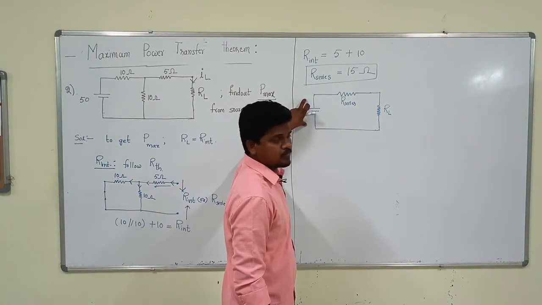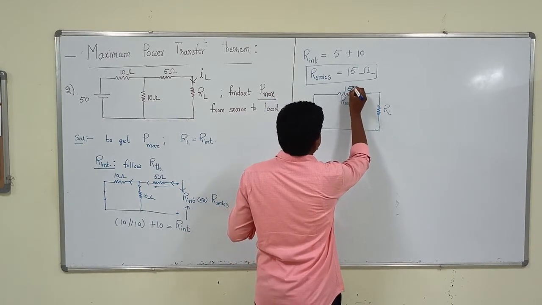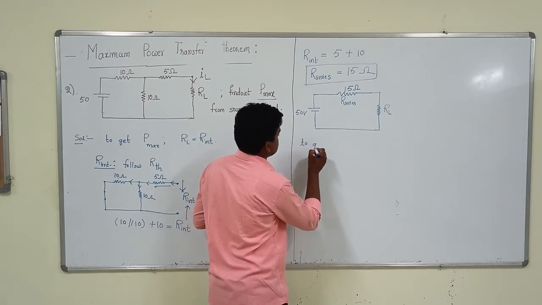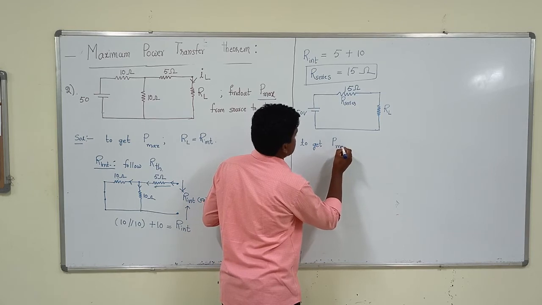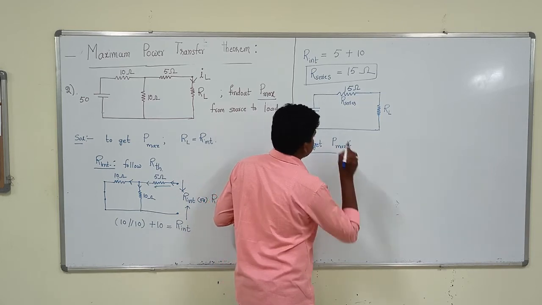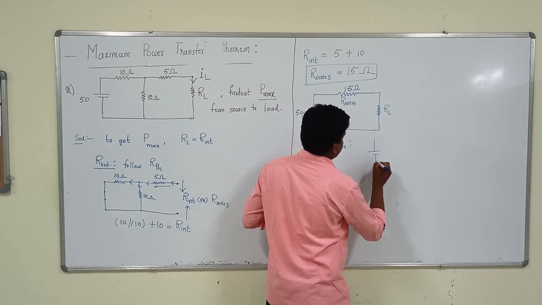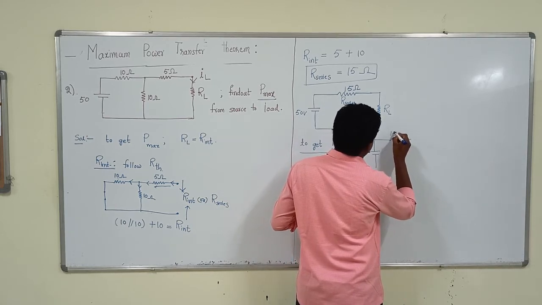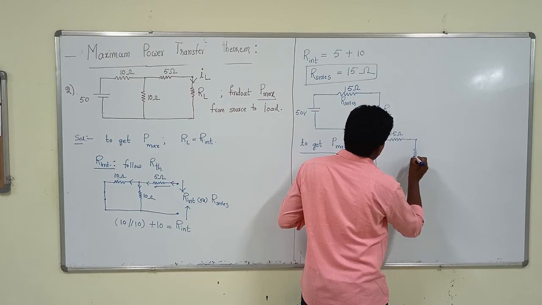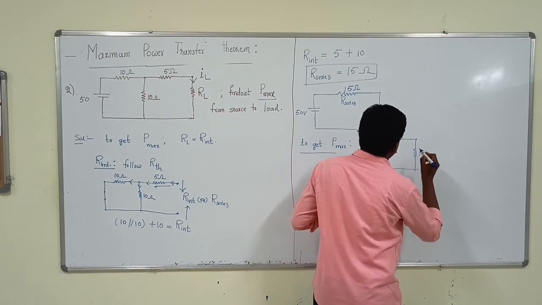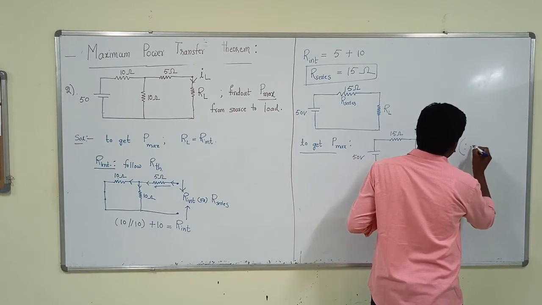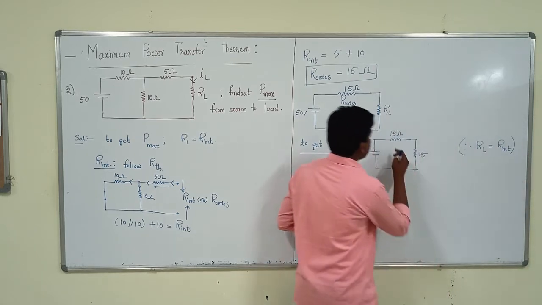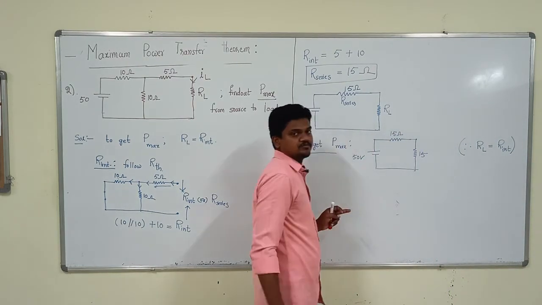But to get maximum power, the circuit becomes like this: there is no change in the 50 volts, this is 15 ohms, and the load resistance also becomes 15 ohms. To get maximum power, the load resistance is replaced by the internal resistance. We have internal resistance of 15 ohms, that's why 15, right?